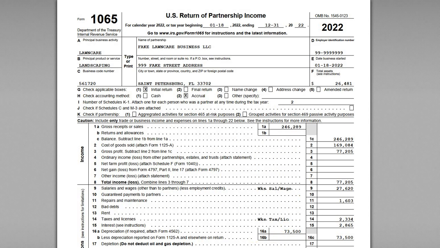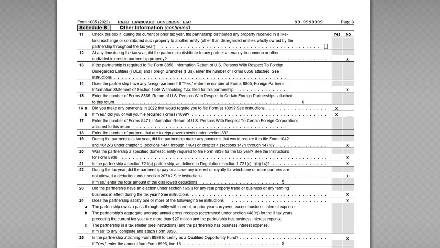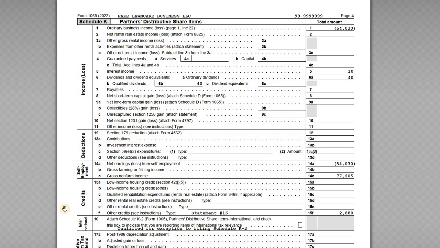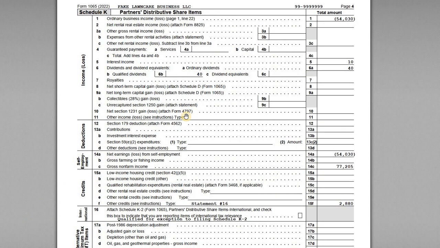All right, so after the depreciation, let's move on to the Schedule K items. So when we look at Schedule K, these are the distributive share items that are eventually going to be allocated to the partners, right, according to whatever the allocation provisions are in their partnership agreement. Normally it's just pro rata based on their ownership percentage.